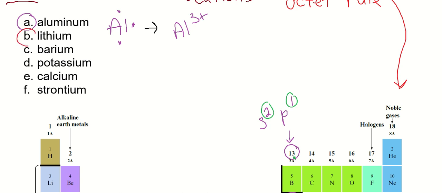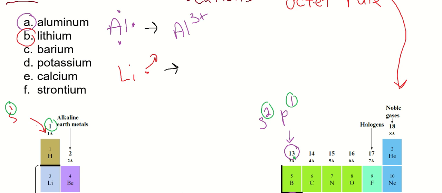Now let's move on to lithium. All of these elements in group 1 are going to have their final electron configuration as s1. That 1 electron tells you it has 1 valence electron, corresponding to the group number 1. Li, lithium, 1 valence electron, it loses that.